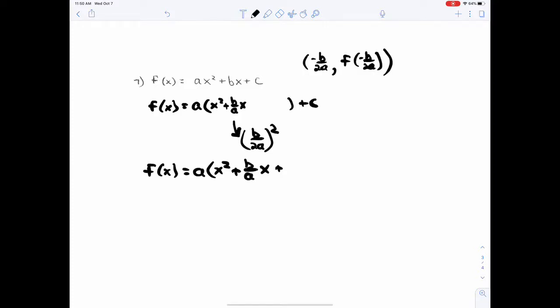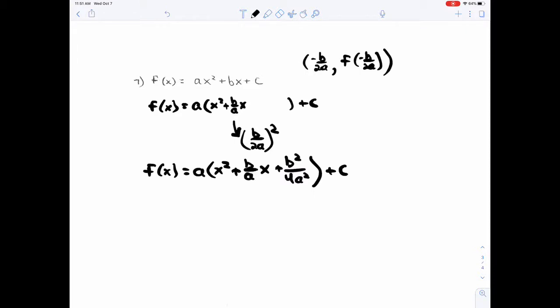So that would give me b squared over 4a squared. Okay, and then remember the c's outside. Well, when I wrote b squared over 4a squared, what did I actually put on that side of the equation that wasn't up there in the previous one? Well, I wrote b squared over 4a squared, but remember there's an a outside of the parentheses.